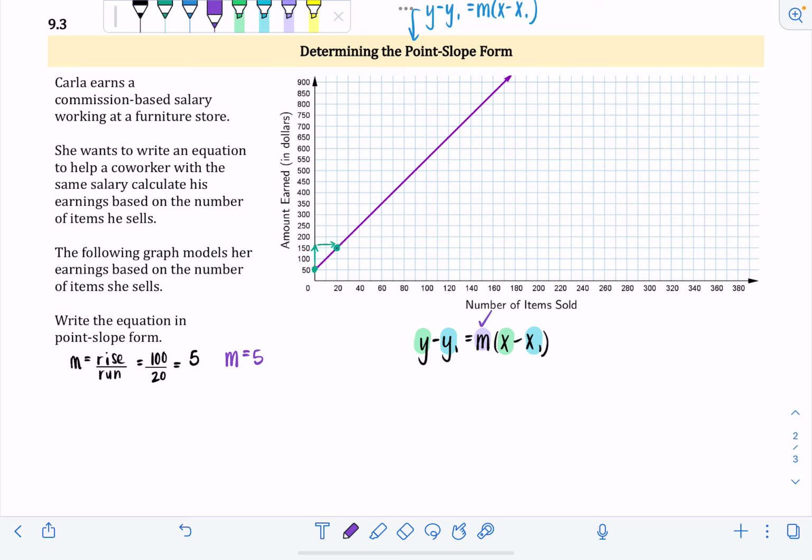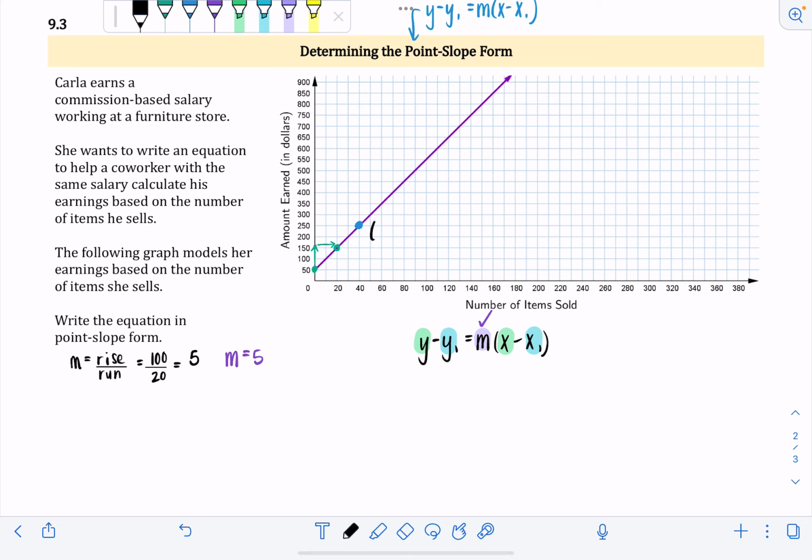So we found m. And then x1 and y1 just come from a point, any point, literally any point on the graph. So for the sake of doing something different, I'm going to pick a different point than the ones we already used, but you could use those same ones.